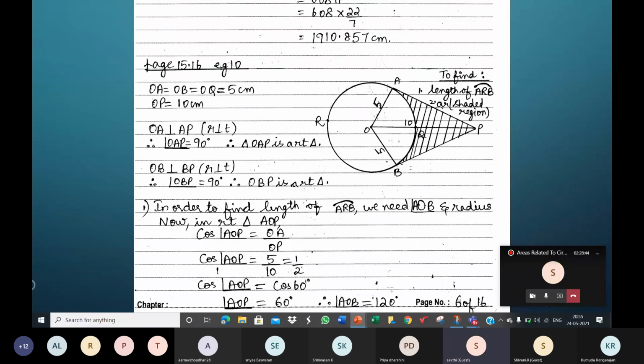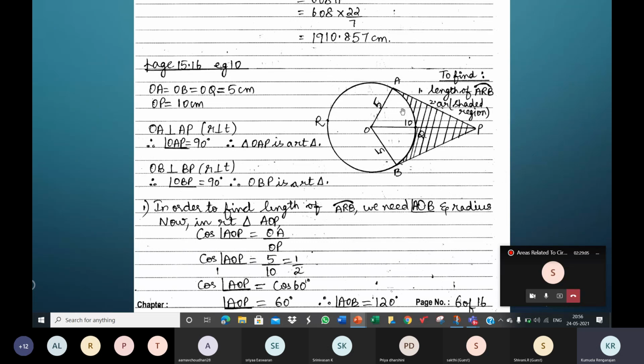AO and OP. Correct, but OP is the hypotenuse. So OA is regarded as the adjacent side.